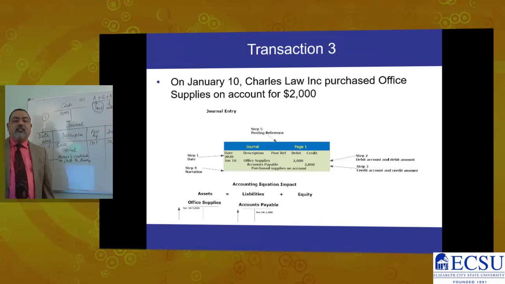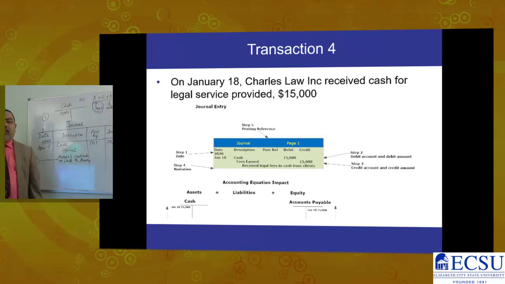In this case, it is going to be accounts payable because it is a liability, it is increasing, therefore you see it on the credit side of accounts payable. Office supplies is an asset and it is increasing, that's why you see it on the left hand side of office supplies. The journal is office supplies account debit, accounts payable credit, and the narration is purchase supplies on account. So that is your transaction number 3.